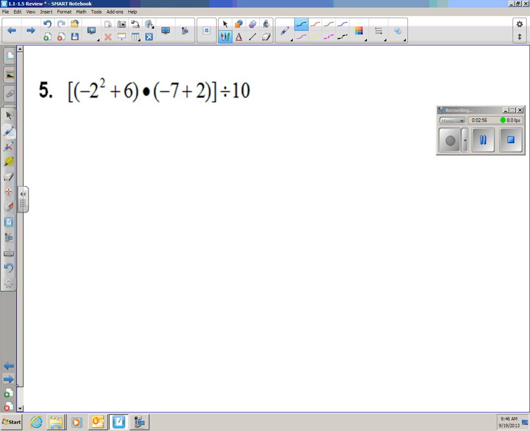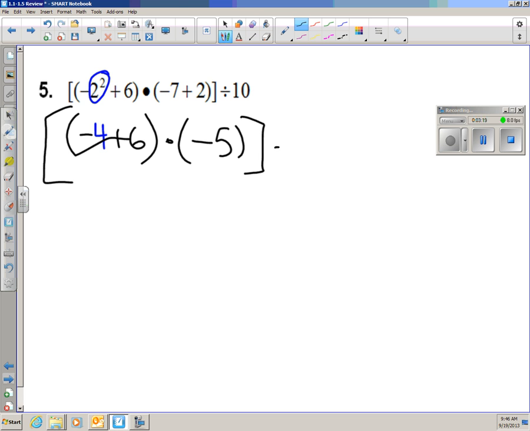Number 5. I'm going to work inside my parentheses. This is not a -2 being squared. It's just 2 being squared. It becomes a 4. What gets carried down is this negative plus 6. I don't know why this smartboard does some funky stuff. The second parenthesis I'm just going to do as is, -5 divided by 10.